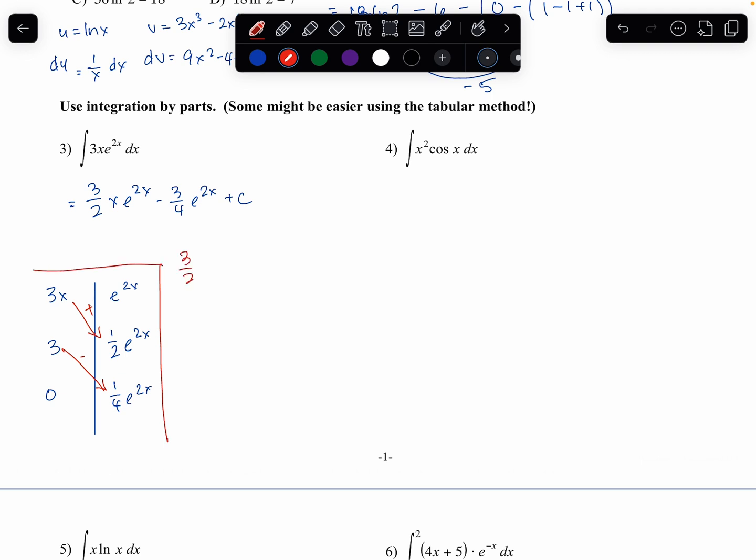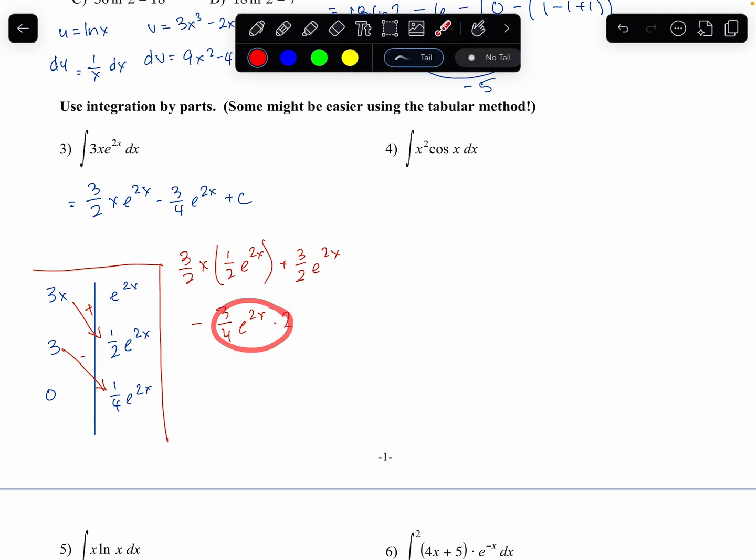So the first times the derivative of the second plus the derivative of the first times the second, right? And then minus, and then if I do the derivative of this right here, it's going to be 3 over 4 e to the 2x times 2.